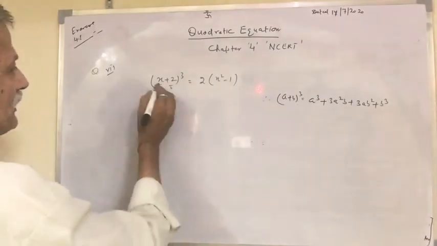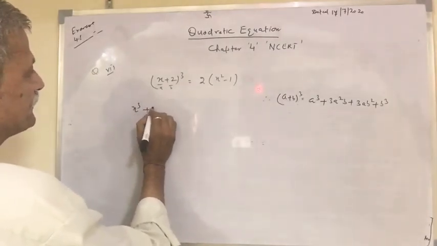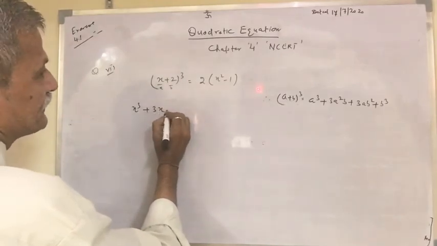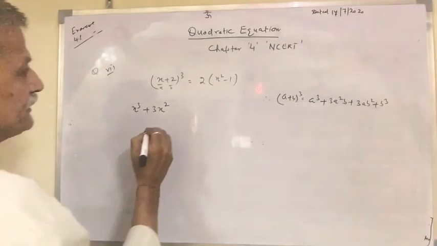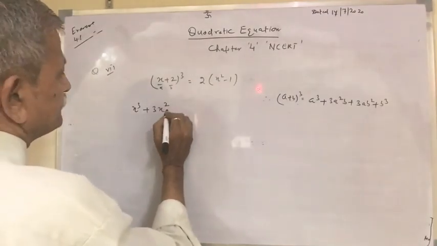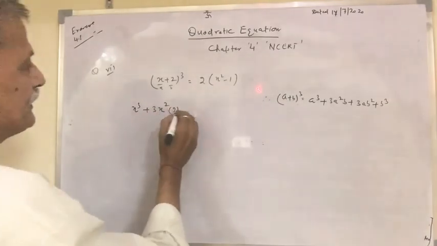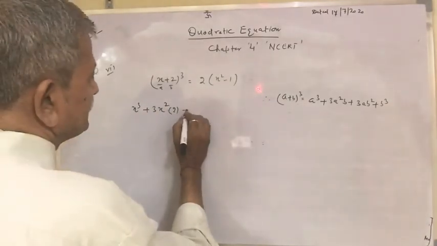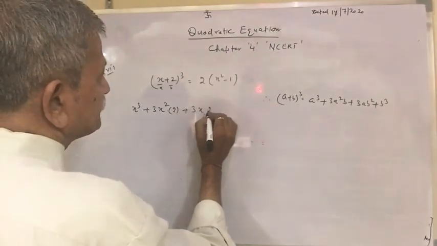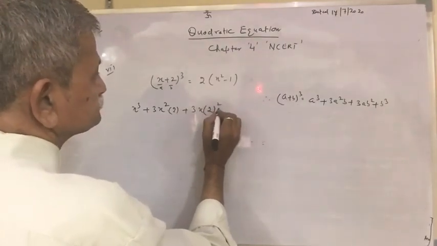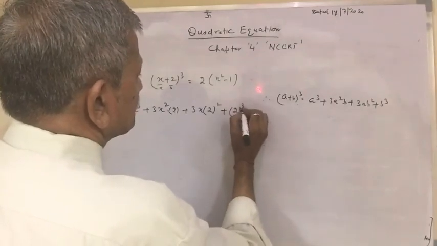So opening this one, you would find x cube plus 3x square into 2, then 3x into 2 square, then 2 cube.